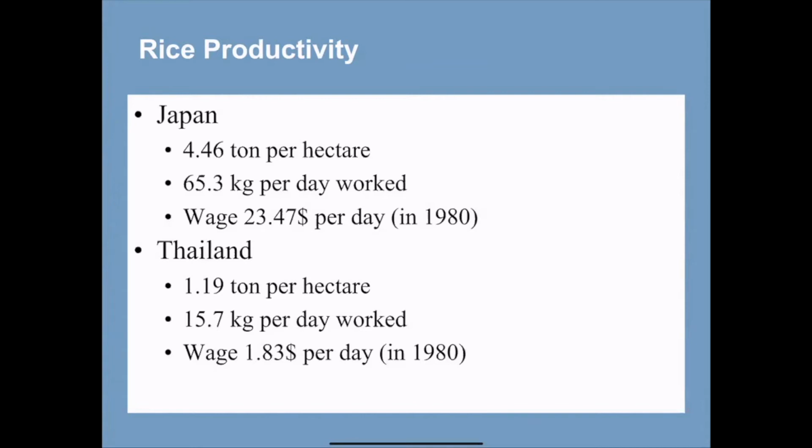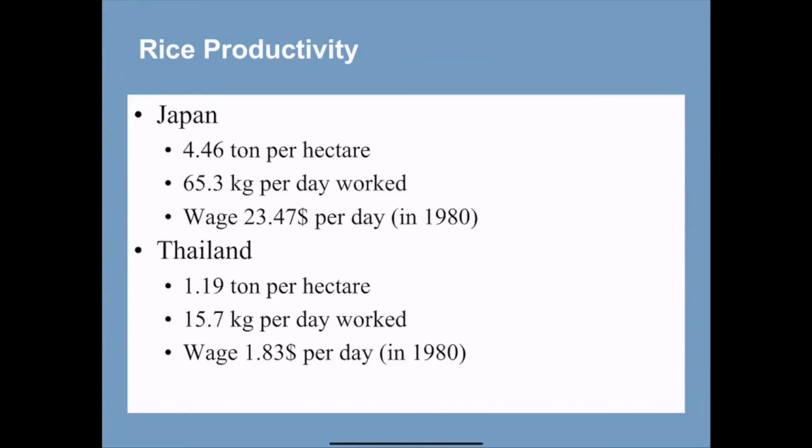The amount of output per day of work for a Japanese farmer, again, is 4 times higher. So in terms of land use and labor service, you can see that productivity in Japan is higher.